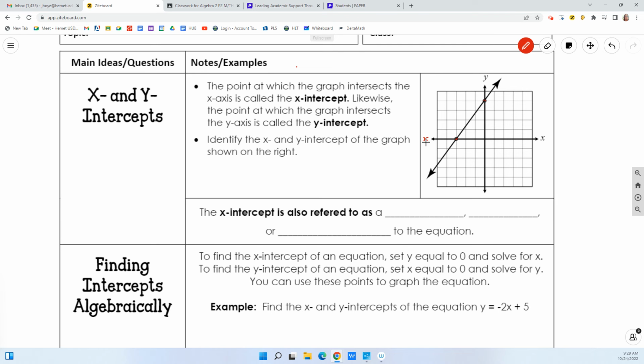Any point on the x-axis would be considered an x-intercept, right? That line is intercepting that graph. So this point right here is an x-intercept, right? This point right here would be considered a y-intercept because it's crossing the y-axis.